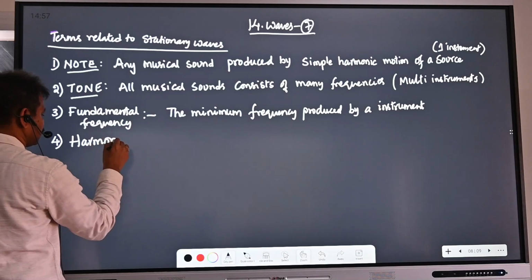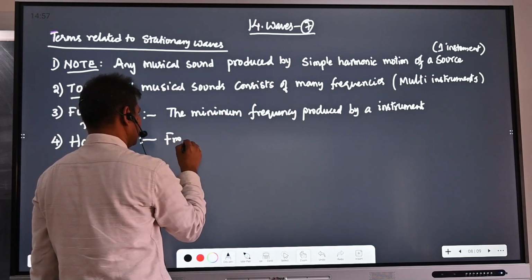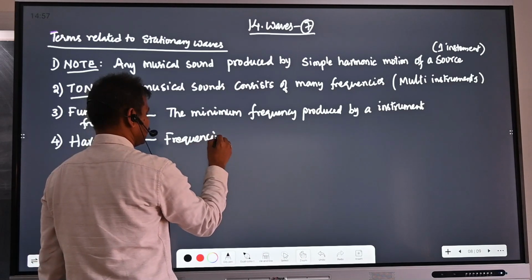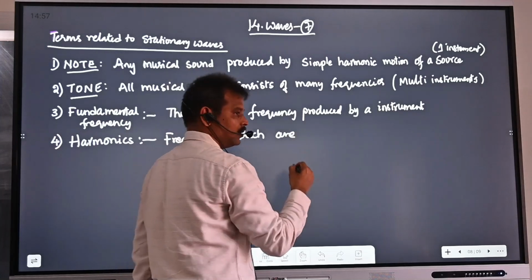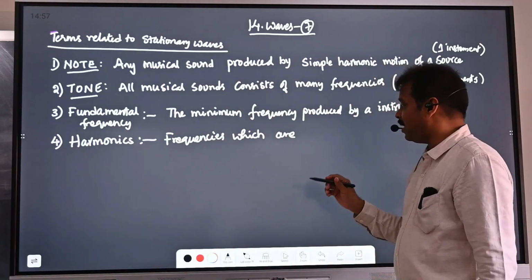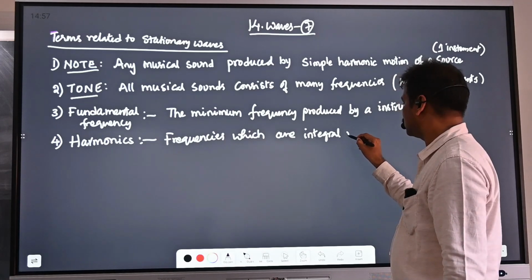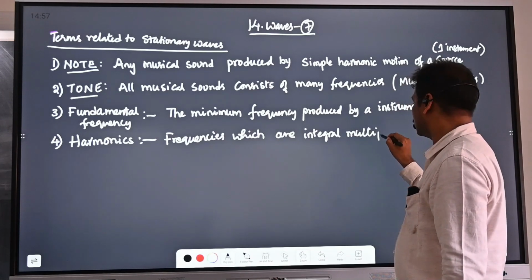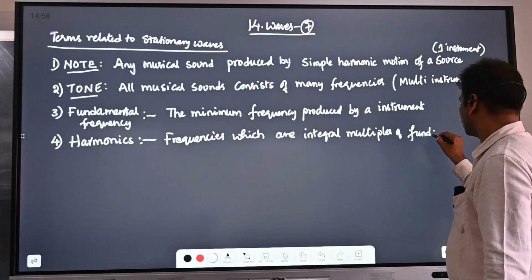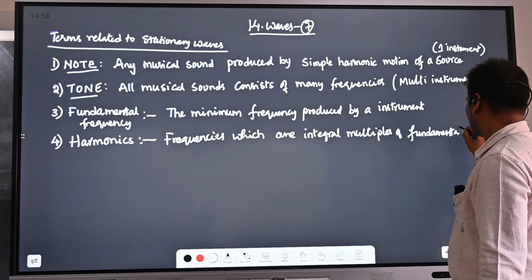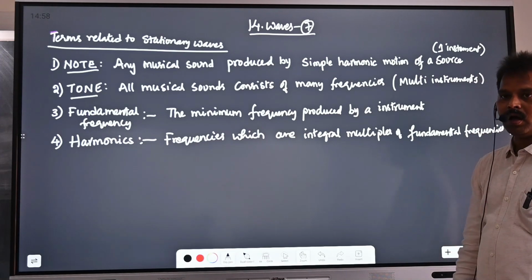Harmonics. Frequencies which are integral multiples of the fundamental frequency are called harmonics.